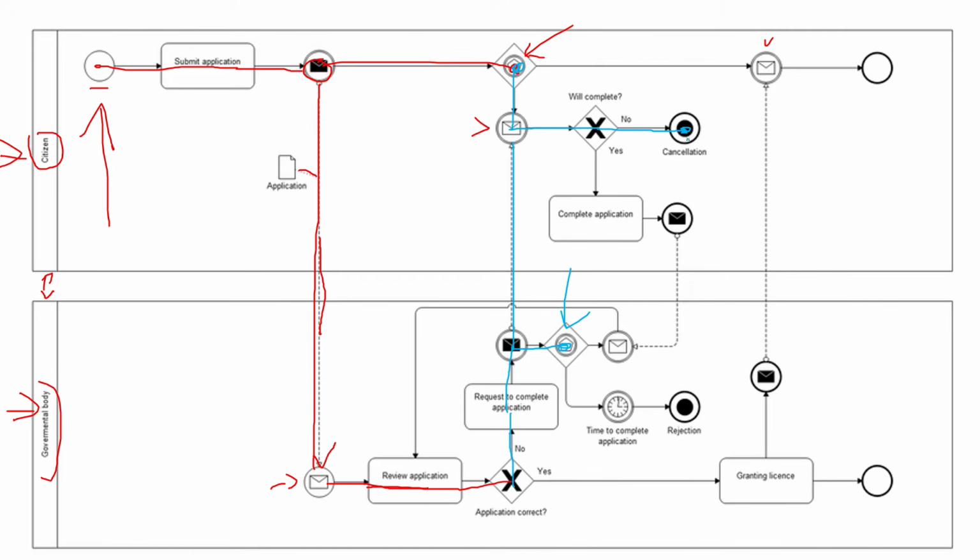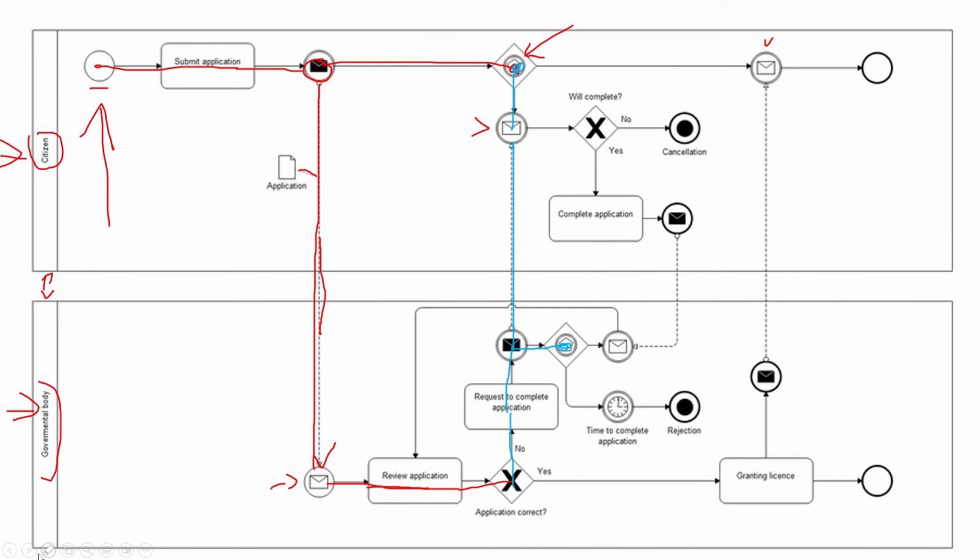If you would have not the terminate end event, just a normal one, like up here, for example, this would mean that this token down here again would still be active forever and would never get canceled, you know? So this is kind of like a zombie process then. And that's why we need to terminate here. Okay, let me clean up the diagram again for a bit. All right, that looks better.